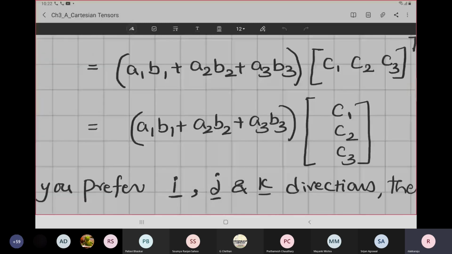The first biggest advantage of going with this indicial notation is that all the time you will handle only scalars. Your multiplication, division, subtraction, sine functions, cosine functions, complex notation, whatever, we will be in a position to apply it only on scalars, and that is the biggest advantage for computers.